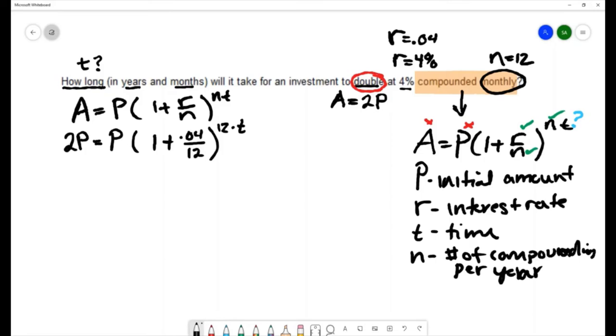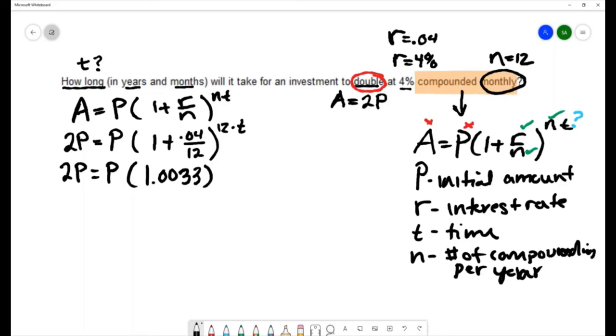I need to do 1 plus 0.04 divided by 12. I might have to come back to this later because it is a repeating decimal. But for now, I will round it to 1.0033. If there's an issue later on with rounding, we may need to come back and add some more decimals to this spot here.